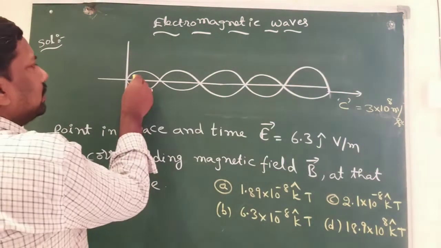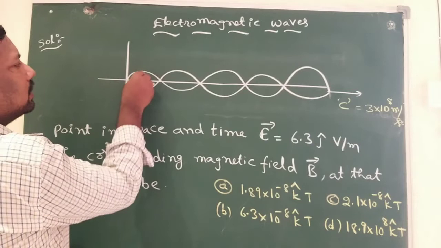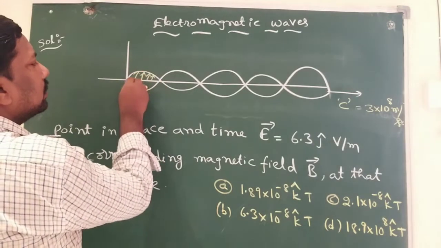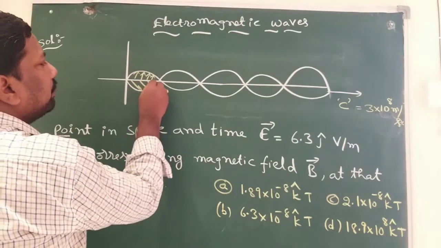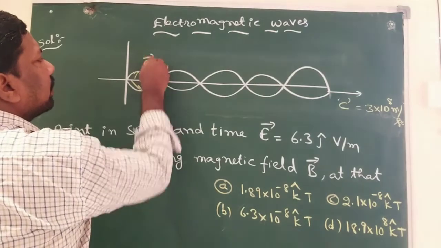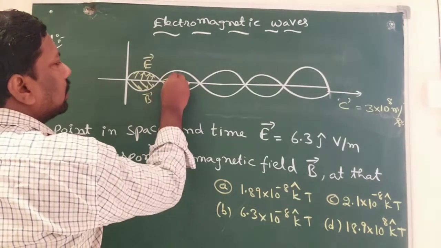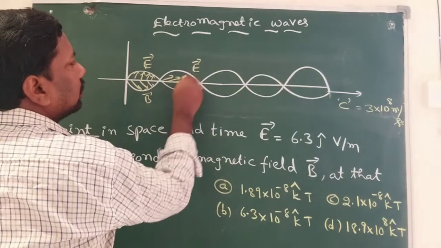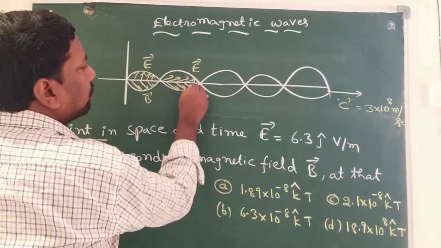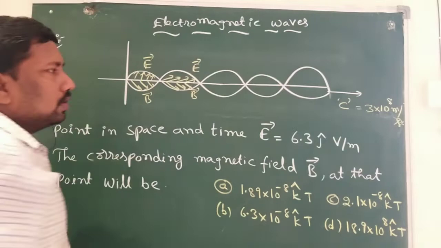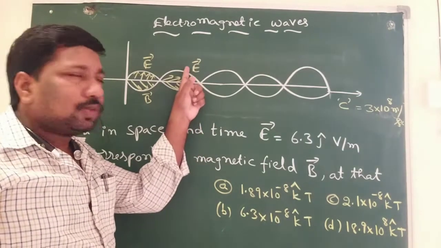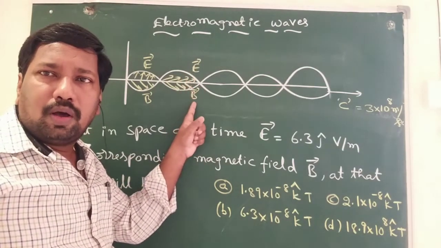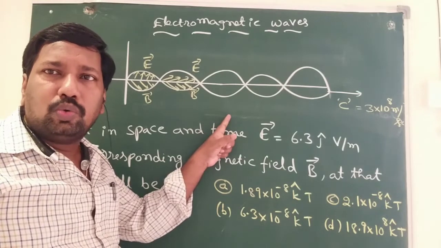Now in this case, this is the E bar, this is the B bar, and this one also E bar, this one also B bar. Here the cross product of E bar and B bar is equal to C bar.